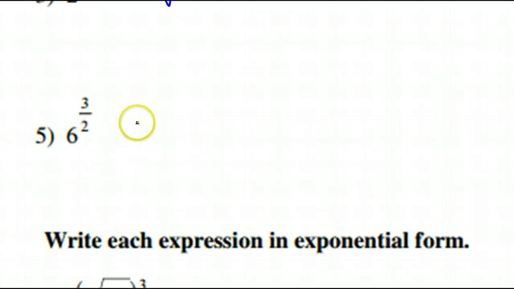Number 5. Power over root. The second root is the square root, and we will not write the little 2 right there. It's understood. Do not put the 2. So then it'll be the square root of 6, and the power is 3, so the 3rd power.